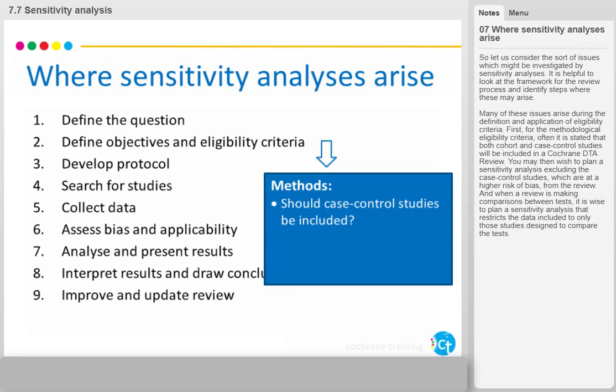First, for the methodological eligibility criteria, often it is stated that both cohort and case control studies will be included in a Cochrane DTA review. You may then wish to plan a sensitivity analysis excluding the case control studies, which are at higher risk of bias, from the review.